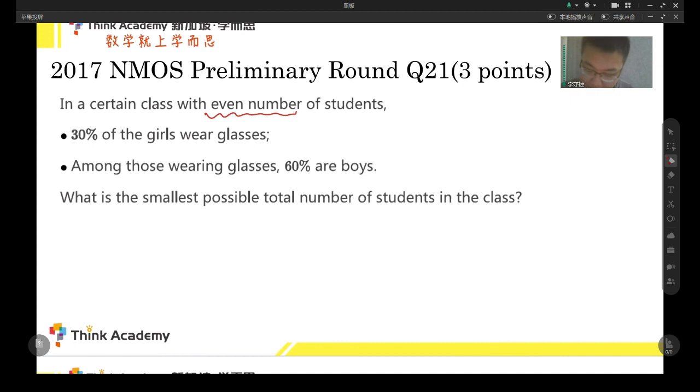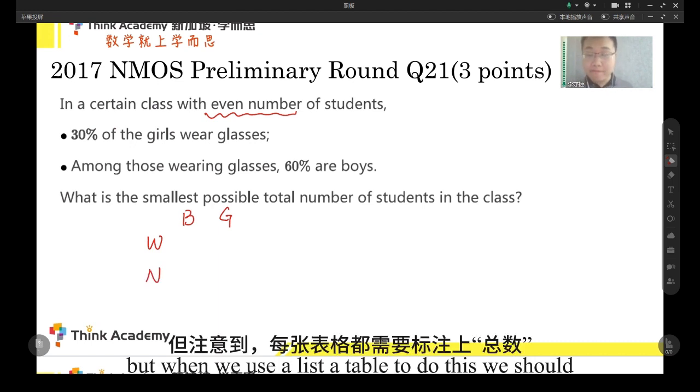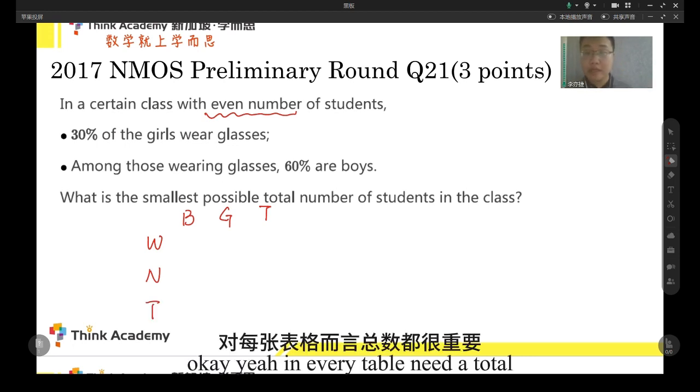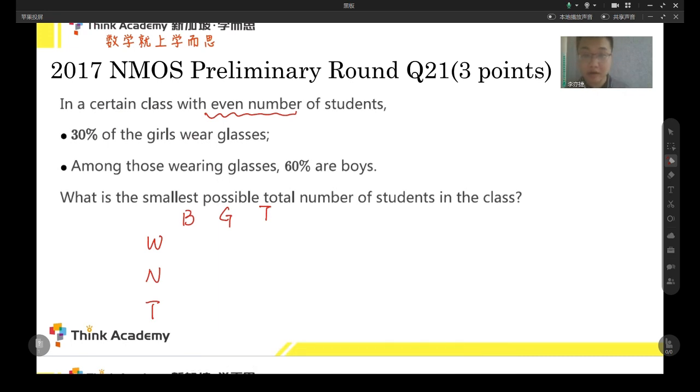For example, we can have boys and girls, and wearing glasses or not. But when we use a table to do this, we should not forget the total. Every table needs a total here.